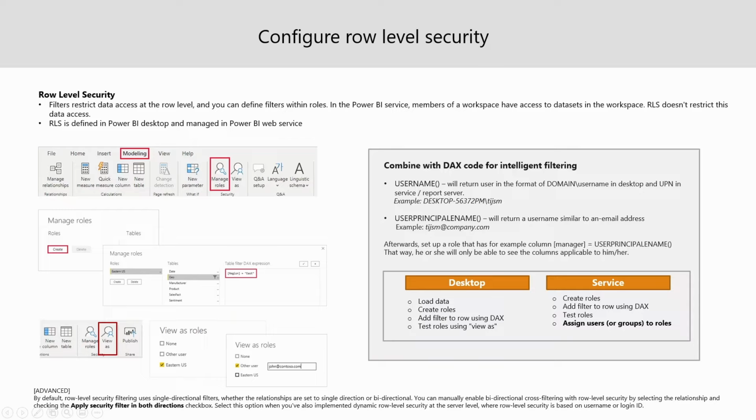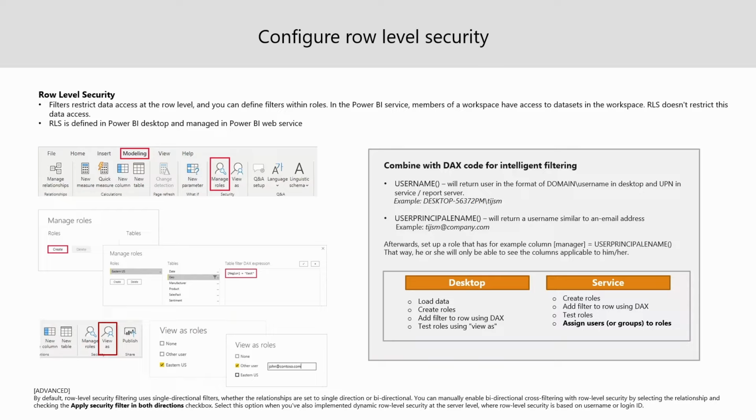All right, next up is row level security. In some cases we have to restrict our datasets and the way that the report is shown to some members, and we do that by using row level security. Certain people who are added to roles will be able to see a limited extent of the data.